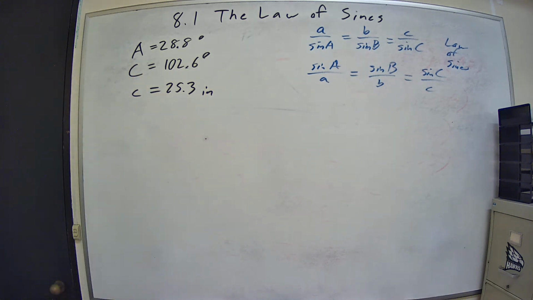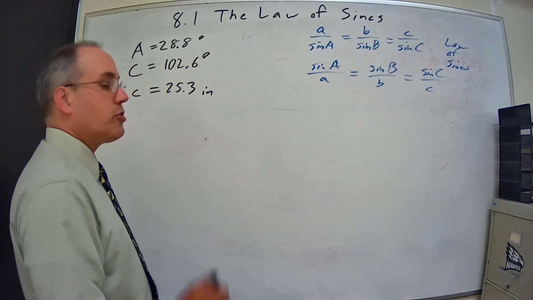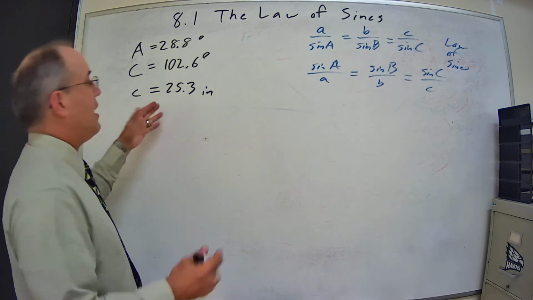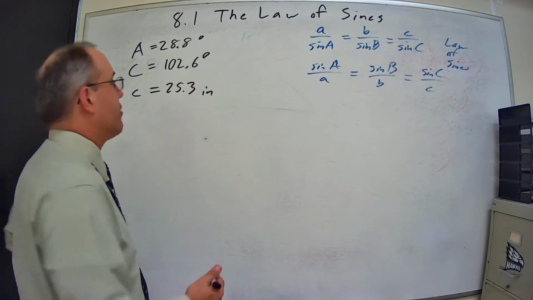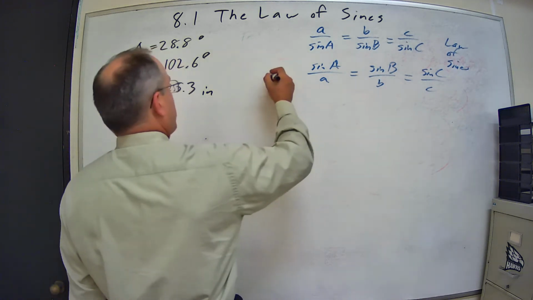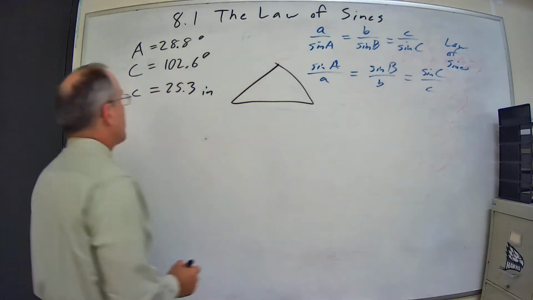Okay, so I'm just going to get that out of the way. So now that I have that, let's first draw the triangle. It's always easier to do these things if we can visualize it. So draw the triangle. I'm just going to draw it here. It doesn't have to be huge.